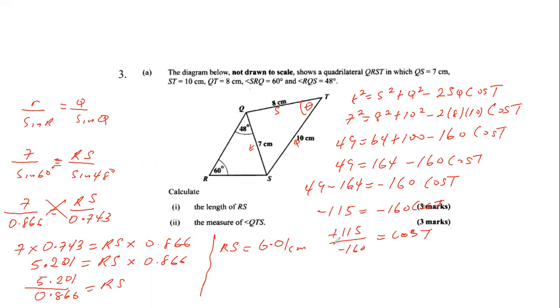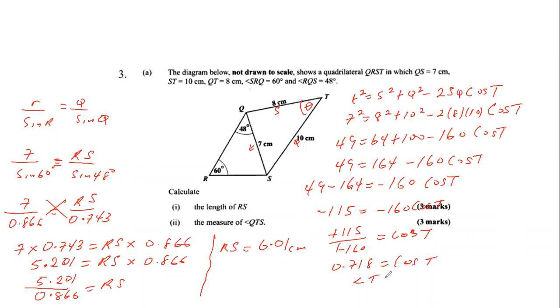Now, you say negative 115 divided by negative 160. All right, so we cancel these two, right? So divide that for me, what do we get? Sir, 0.718. 0.718, right? It's equal to cos t. I want to find angle t.